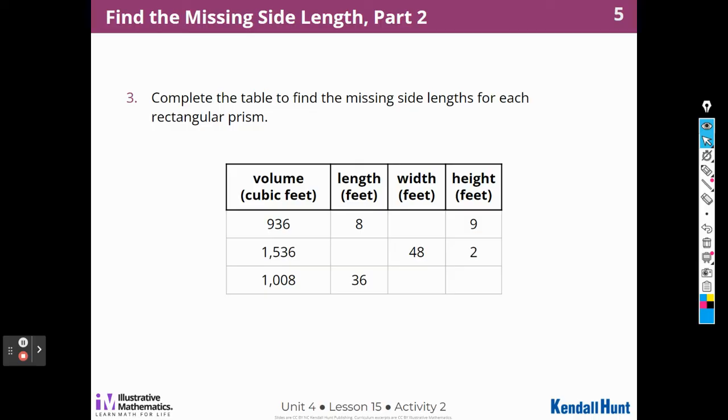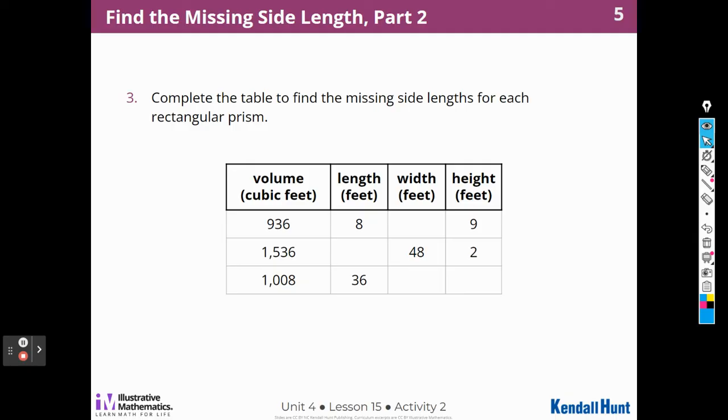All right. Complete the table to find the missing side lengths for each rectangular prism. So I can do 936 divided by 8 and then take that answer and divide it by 9, right? There is a different way to do that.